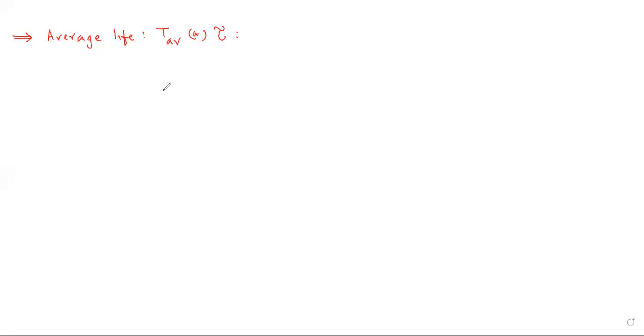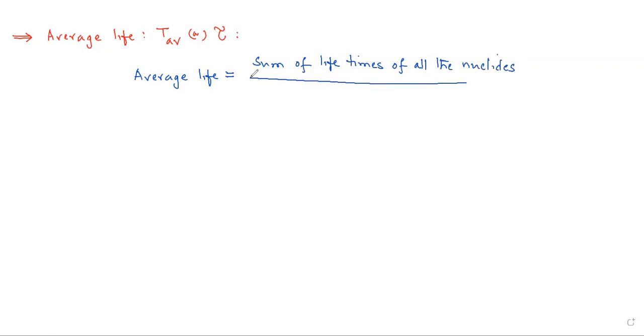As such, average life is nothing but the sum of lifetimes of all the nuclei by the total number of nuclei. Simple average thing. Sum of the lifetimes by the total number of nuclei.